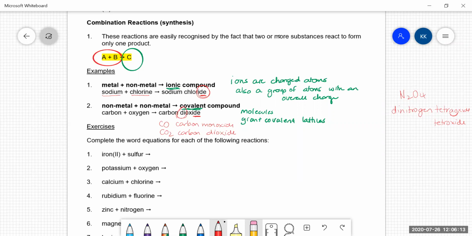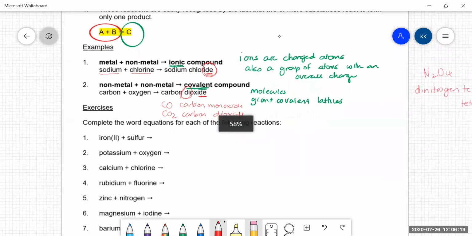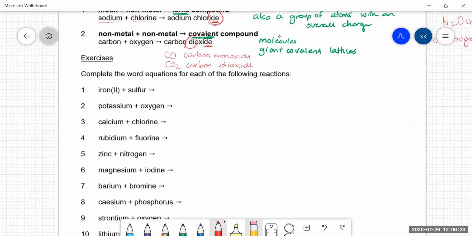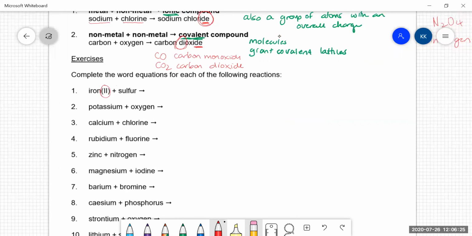To learn how to use a general equation, we're going to do a few examples. So this little 2 here, when I've said iron 2, I technically shouldn't do that. Technically, when a transition metal is just an element, it doesn't have its Roman numeral.